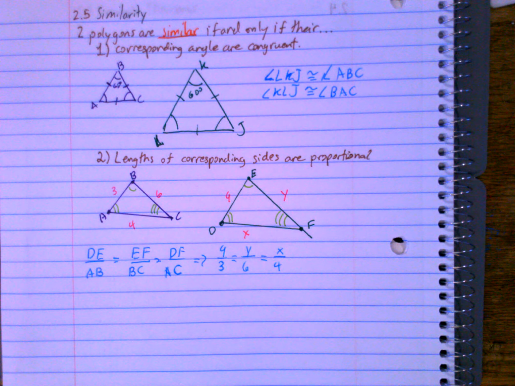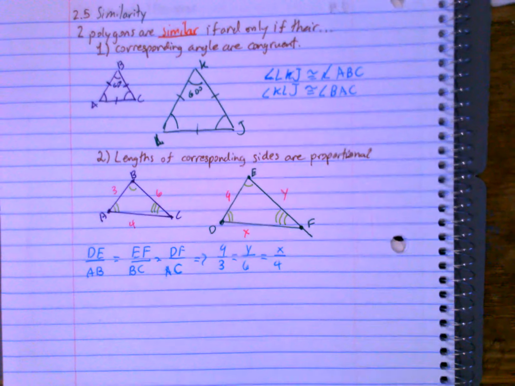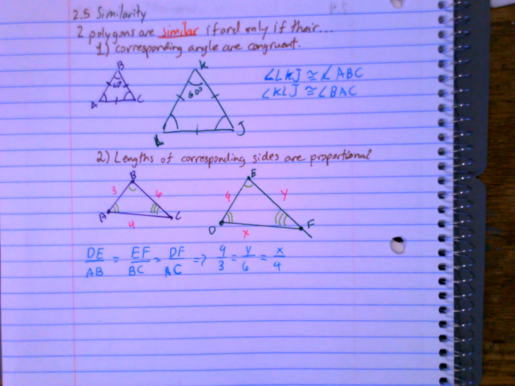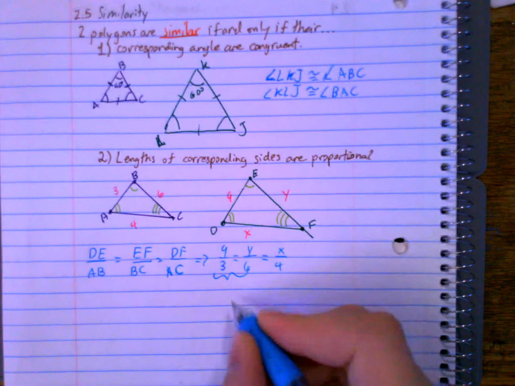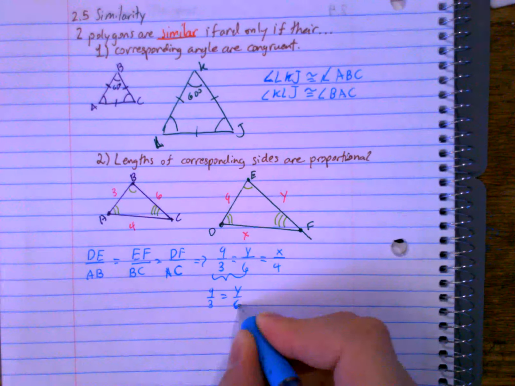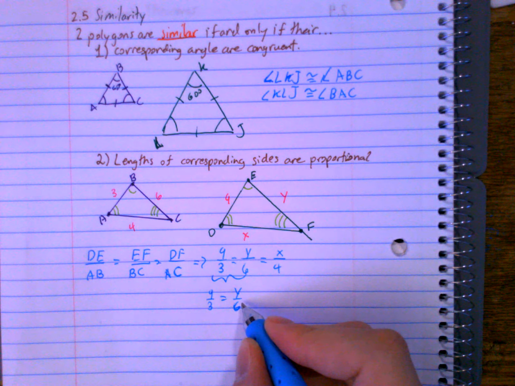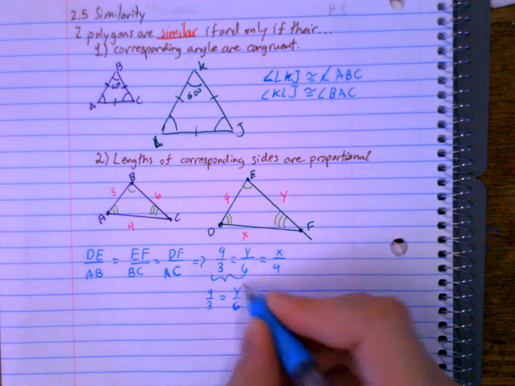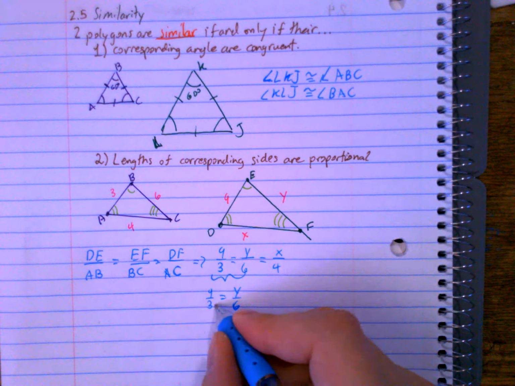Okay, so let's take a look at this guy right here. We have 9 over 3 equals y over 6. How do we get rid of that variable? How do we want to solve for y?